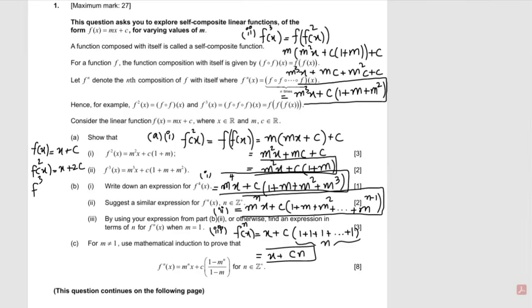And f cubed x will look like, I'm just using these expressions and plugging in m equals 1, x plus 3c. So dot dot dot all the way, f of nx will look like x plus nc, right? I wrote it as cn, but I think it's better to write it like nc. Okay, there we go. All right, let's move on to the next part C.